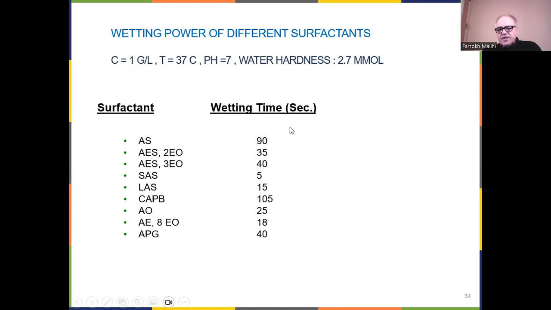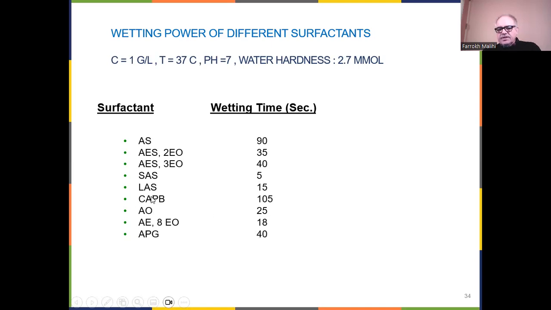This sinking time can be measured, and the effect of surfactants on wetting time can be measured. We can take a strand of a cotton fiber, make different solutions, and look at the sinking time of that fiber.